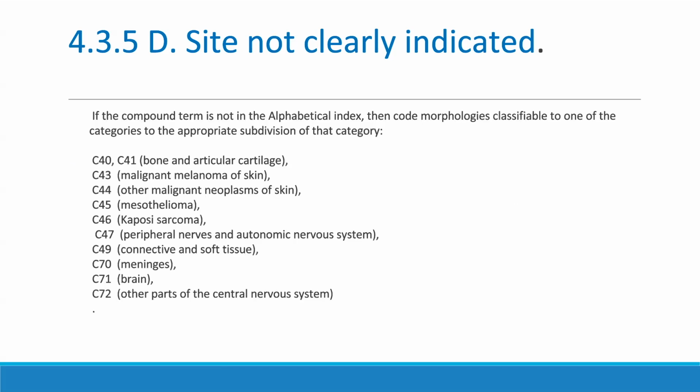This slide guides how to code morphologies when a compound term is not found in the alphabetical index. It instructs to classify these morphologies into one of the categories listed, which include various types of neoplasms and cancers, each associated with specific codes, that is C40 to C72.